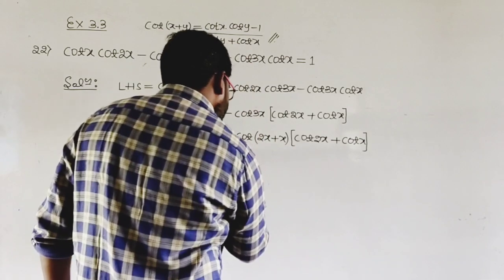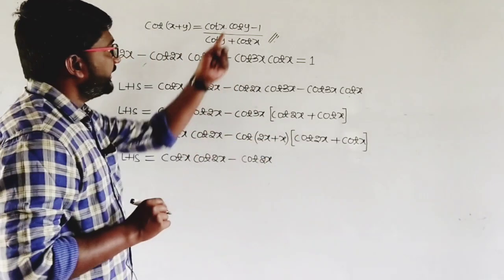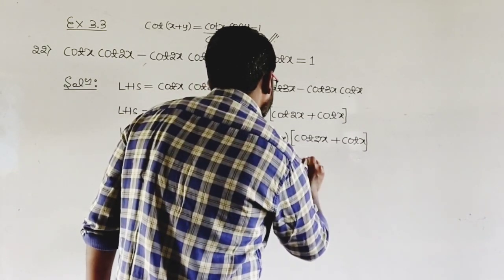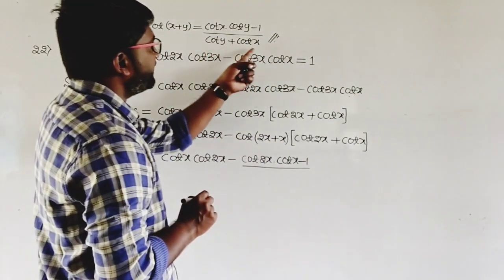So let us apply the formula. It is cot x, and here what happens, 2x, into cot y means it is x, minus 1 divided by cot y plus cot x.